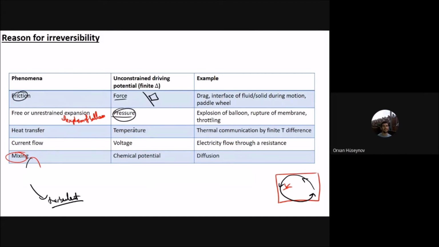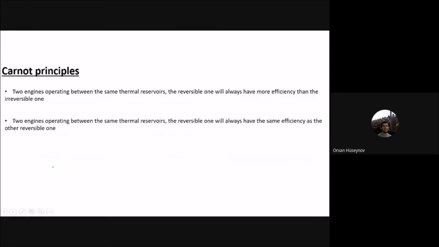Temperature will drive heat, voltage will drive current, and chemical potential will start the reaction. Examples can be drag, interface of fluid and solid, fluidic motion, paddle wheel, explosion of balloon, thermal communication, electricity flow, and diffusion.